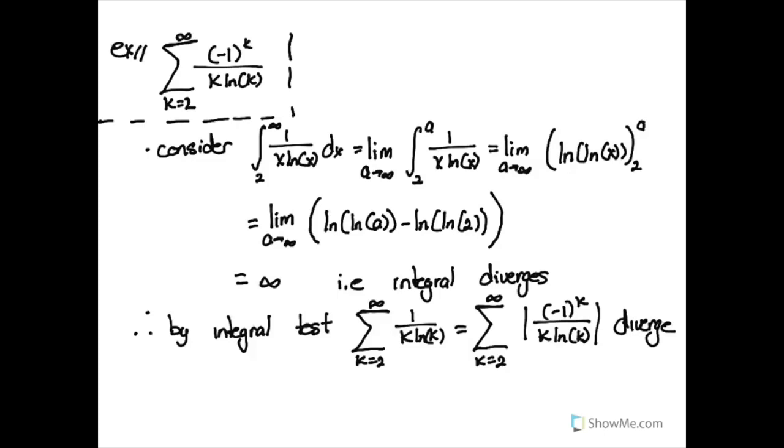So since the original series converges and the absolute value series diverges, that implies that the series in question is conditionally convergent.